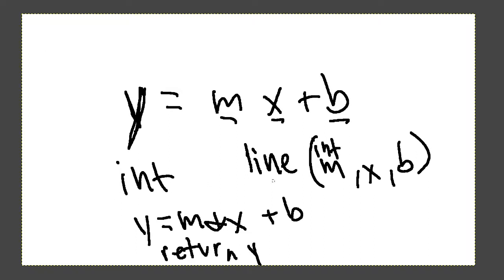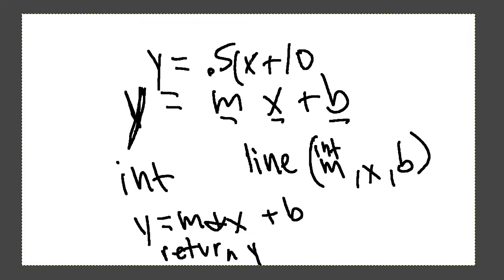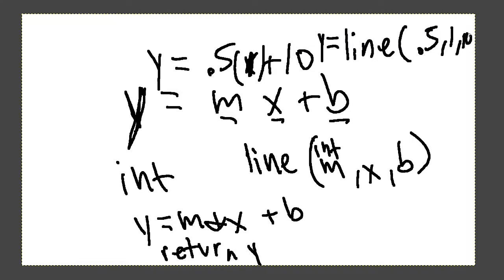The function's name is line, so it's equivalent to doing y equals 0.5 x plus b plus 10. We can say we know x is also going to be equal to 1, so we can do our function where y equals line of 0.5, 1, 10, and that's going to work the exact same way.